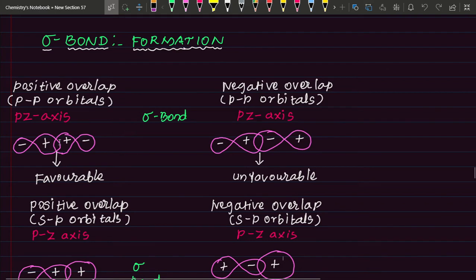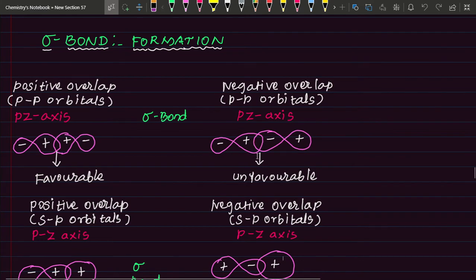See, both lobes are positive, plus sign, and this is called head on overlapping. In this one, one lobe is positive and one negative.